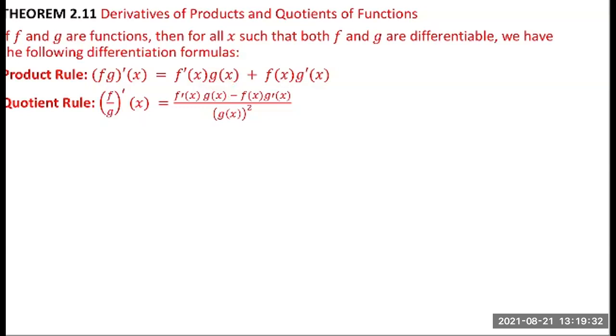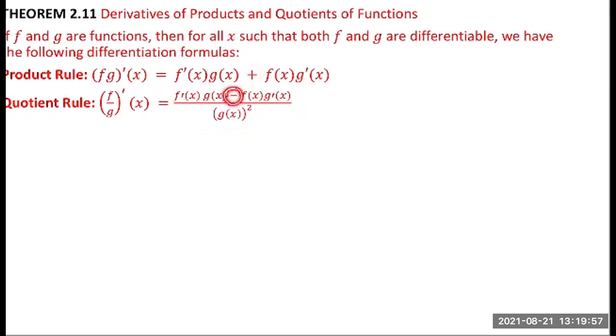And then the quotient rule, f over g prime. This is how you take the derivative of a quotient. You have a quotient f of x over g of x. How do you take the derivative of that quotient? Here is the quotient formula: f prime of x times g of x minus f of x times g prime of x. Remember this minus sign. Don't get confused with this rule. Here you have a plus sign in the product rule.